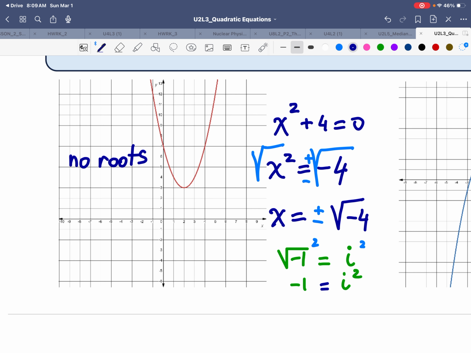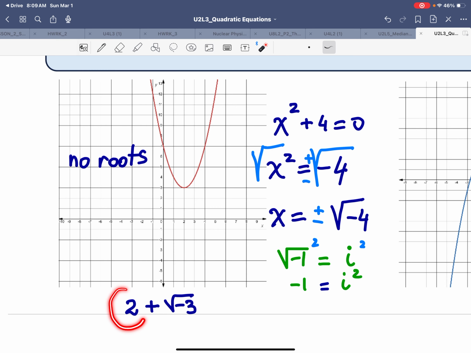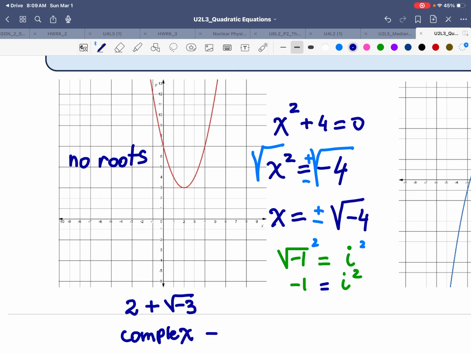And very often we have imaginary numbers mixed with real numbers. So, for example, if you have 2 plus the root of -3, this is a real number and this is an imaginary number. So when we have a mixture of imaginary and real numbers, we call them complex numbers. Or in a simpler and more general word, we call them non-real numbers.